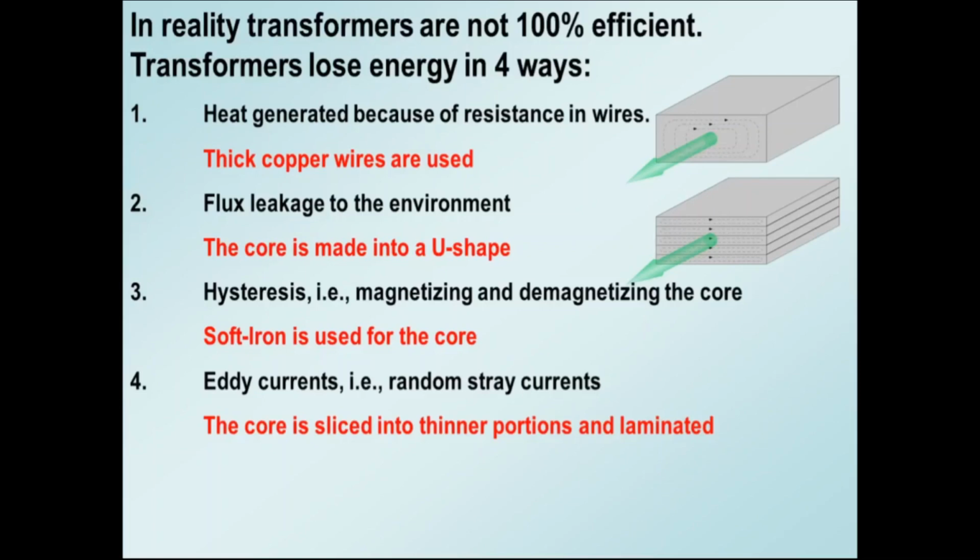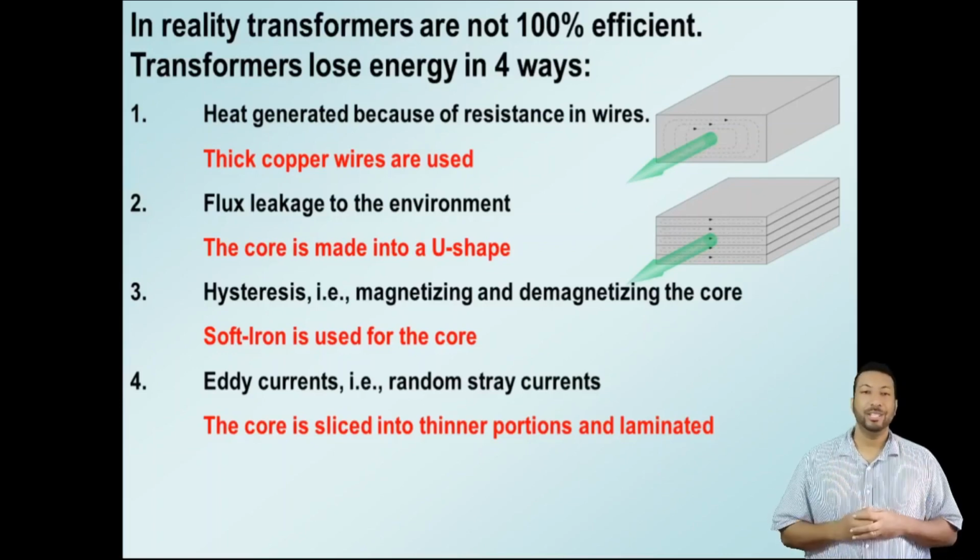And the fourth one, eddy currents, that is random stray currents. Anytime you have a thick piece of metal, the current won't flow directly from one end to the other. That's why we usually use thin pieces of wire to transmit electricity, because when it's thin, there is basically one pathway for the current to go. But if it's a big block of metal, then the current can go any which way.